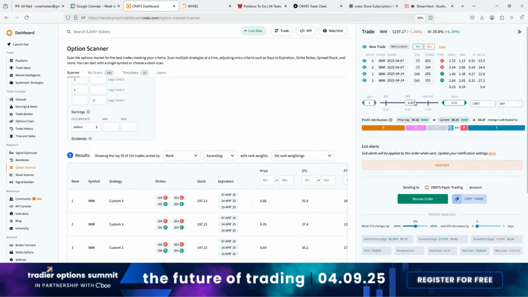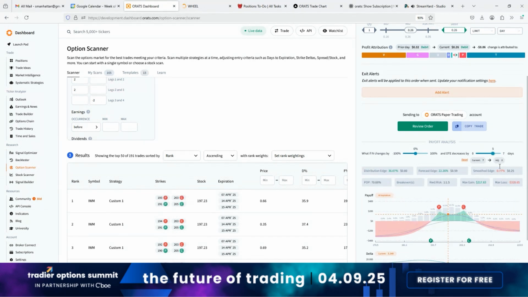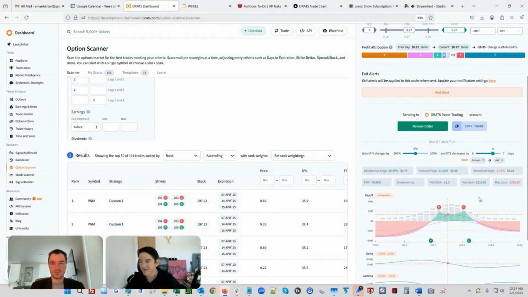It's 0.25 times 100. So we'd lose 225 on the top up here. And so if you look, that's kind of what this says. As we go out farther, you're going towards that asymptote, which is negative $225. Does that make sense so far?